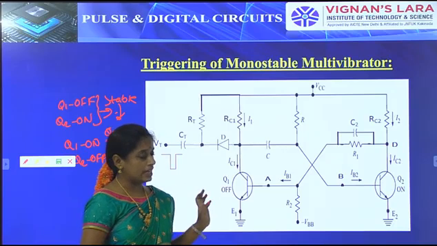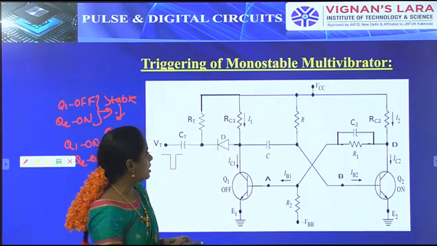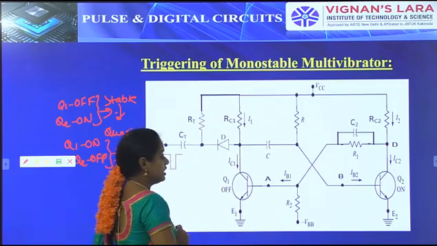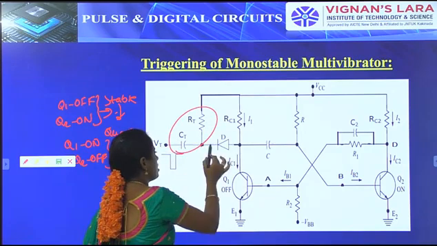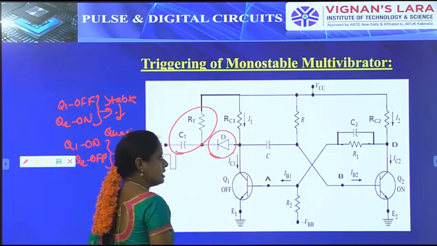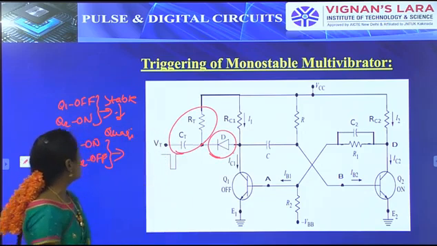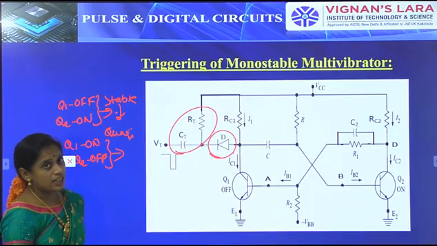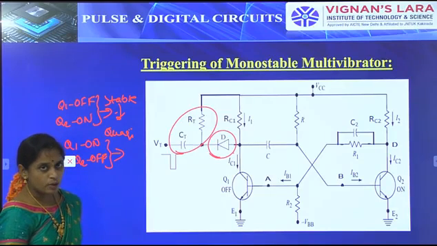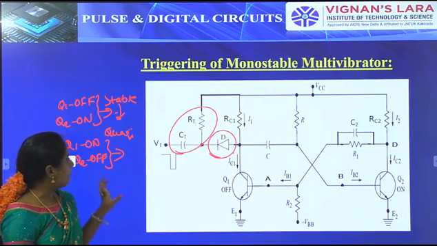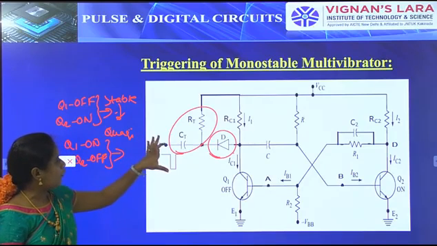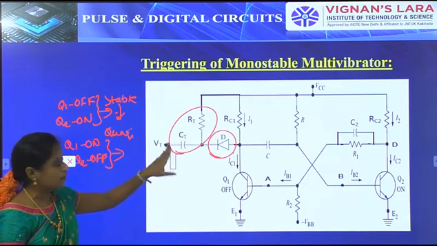This is the triggering circuit, a combination of a high pass circuit with a diode. We can apply a triggering pulse at the off transistor collector terminal as well as the on transistor base terminal; that is our choice. But here I am applying the triggering pulse at the off transistor collector terminal side only.